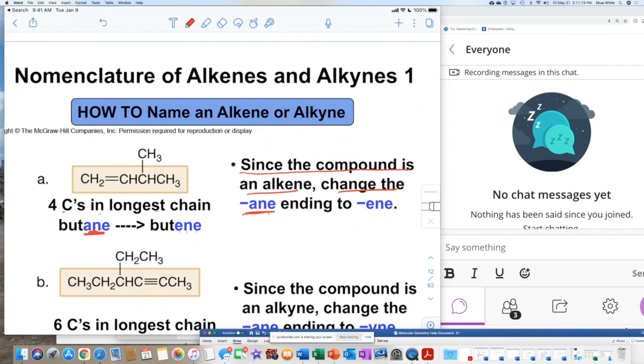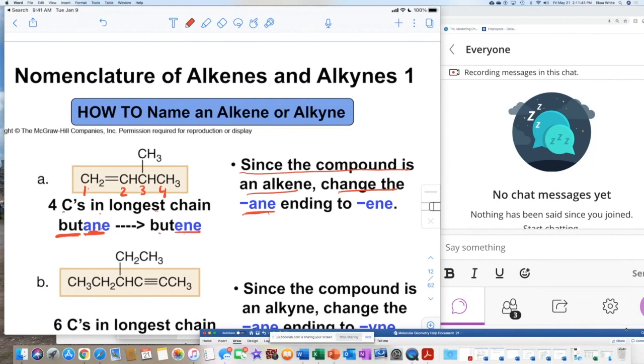So that suffix, like the last name. So this carbon here, now we're back to the structure here. The alkene, it has 4 carbons, right? 1, 2, 3, 4. In our prefixes, that was but for 4 carbons. So if it was an alkane, you name it butane, but replace the ane with the ene, so butene, okay?